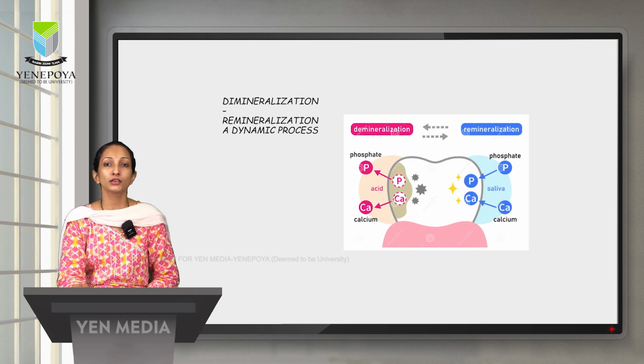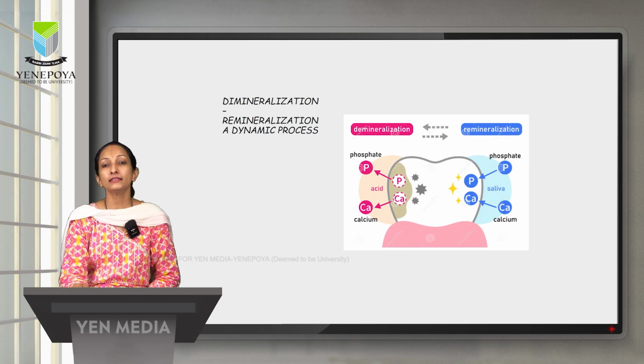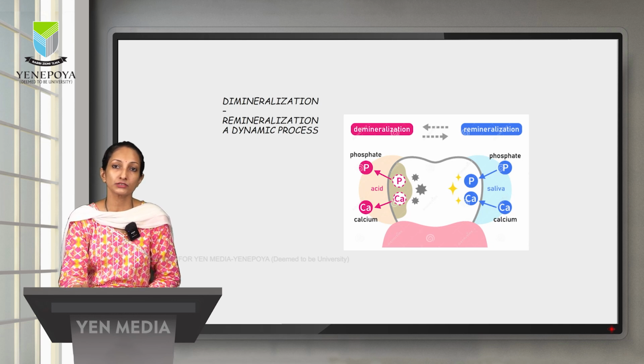So, there are different areas in our mouth or the oral cavity on the hard tissues where areas of demineralization and remineralization will be happening, but this is all dependent upon what kind of environment the hard tissues are surrounded with. Now, the environment is dependent upon the factors such as our diet, the utilization of dental care facilities and the oral hygiene measures that we take.